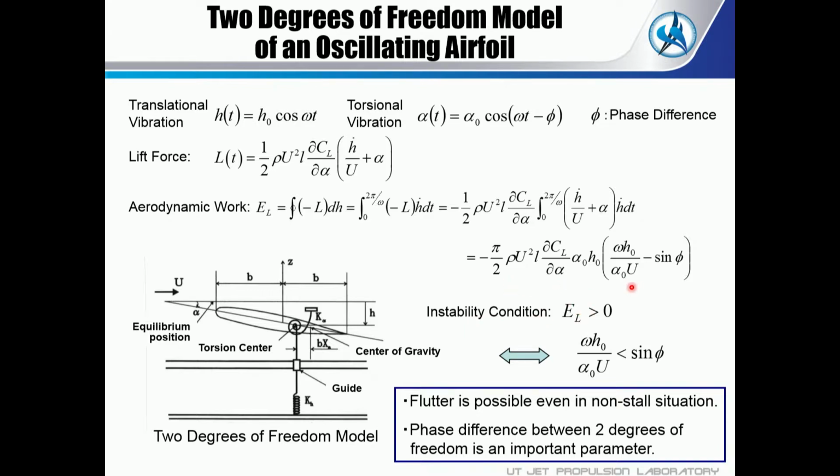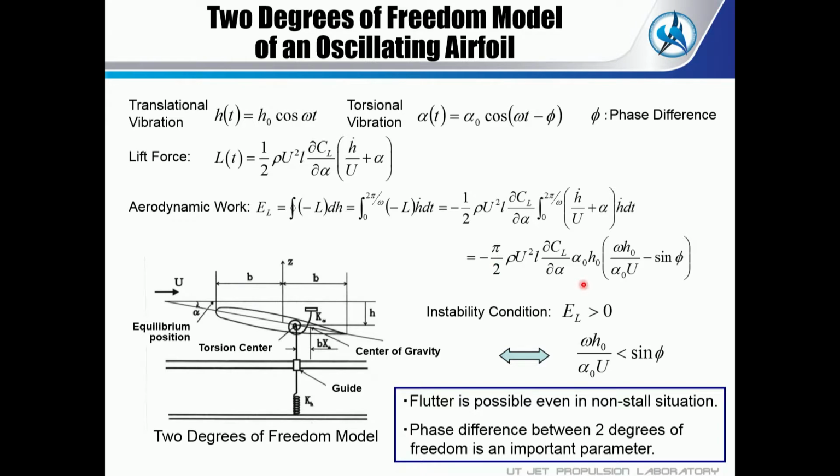If we look at this, we have here dCl d alpha, the slope of the lift curve. It's the same as in the previous case. And we have a minus here.